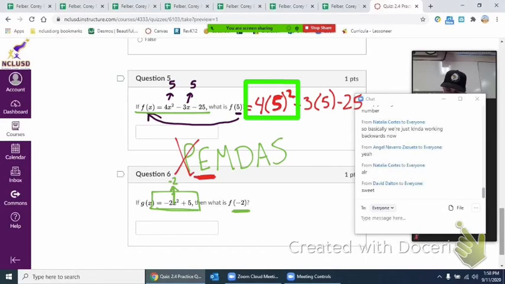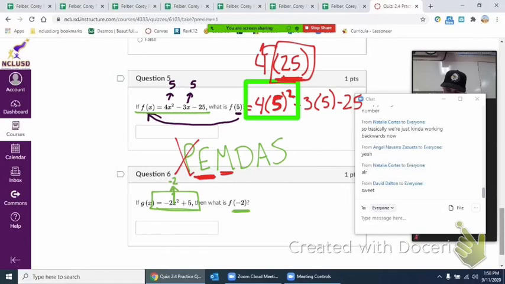So up here, we need to do the exponent first. So 5 squared, we just did that on another problem, is 25. Notice how I wrote that. I did 5 squared first, and then whatever we get from that, we're going to multiply by 4, because the M comes after the E.